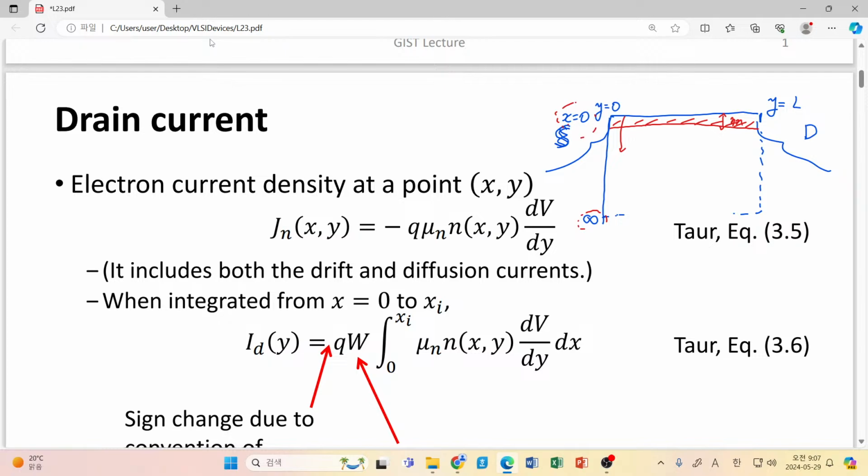Whether we consider up to here or up to here doesn't matter, because all of our electrons are concentrated near this one. Think about this classroom, for example: this blackboard corresponds to the metal-semiconductor interface, the x equal to 0 plane, and all of our electron gas is concentrated nearby this blackboard.